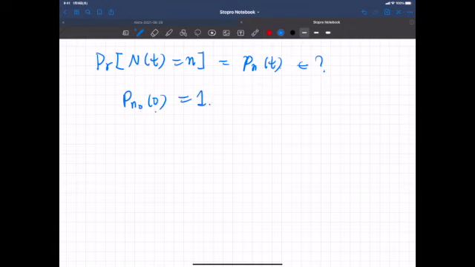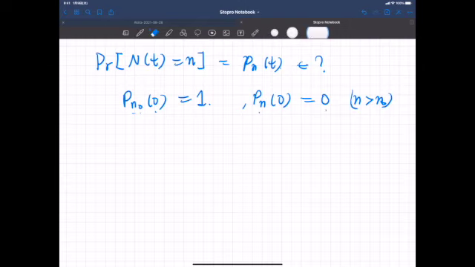So at time t equal to 0 there are n0 cells, and consequently, if n is not equal to n0, then this probability is 0.